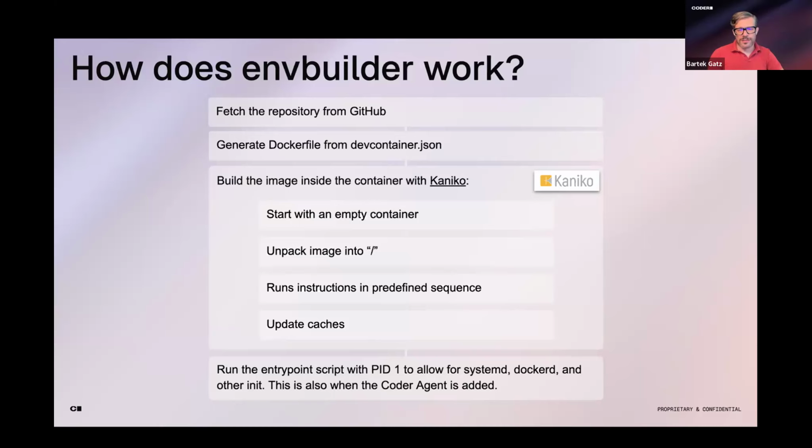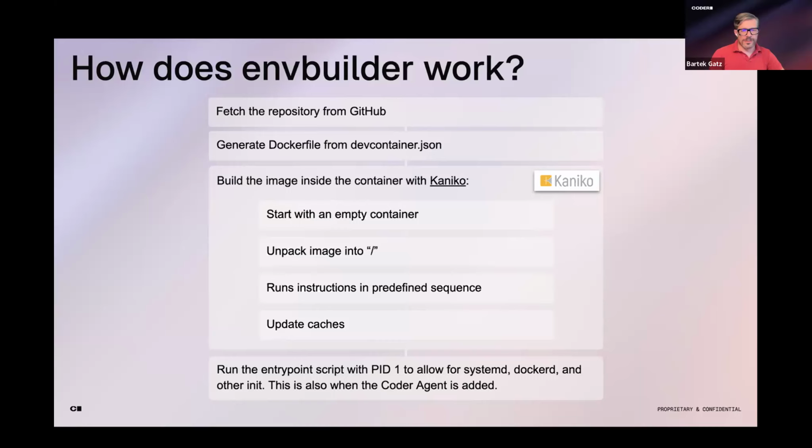We are using a project called Kaniko to assist with this process. We start with an empty container. We unpack all the content of the Dockerfile into the root filesystem. We run the instructions and update the caches. And at the end of this process of building such a workspace, we run the entry point script that allows all the initializations.